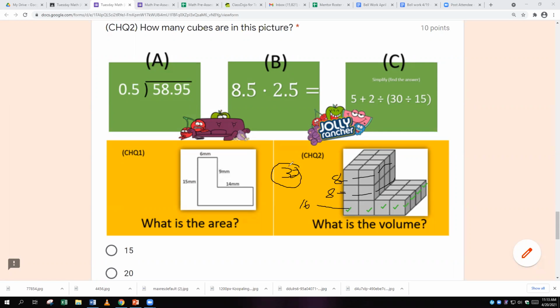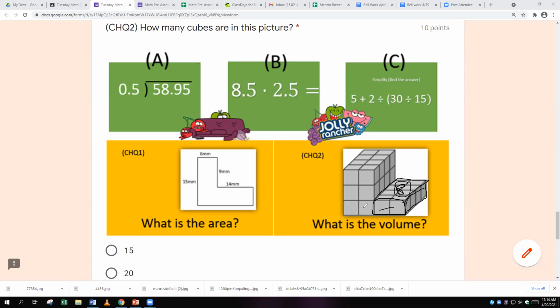Now, the way that I actually figured this answer out is different. I pretend like this. I'm finding this volume over here, which is 2 by 4, which is 8.